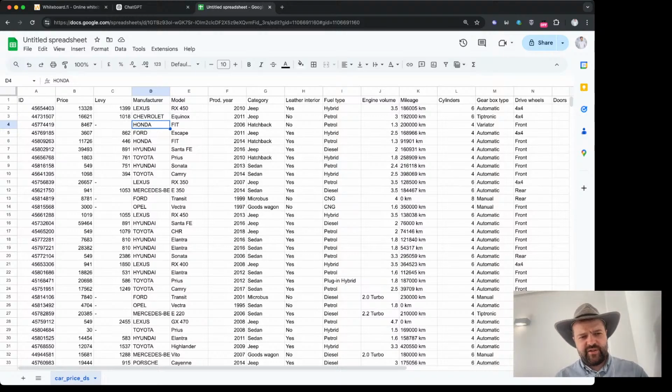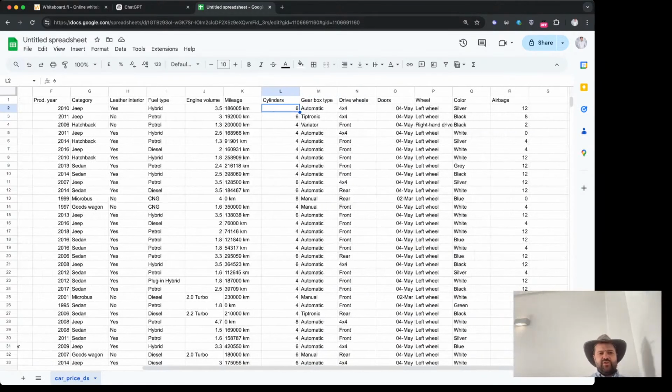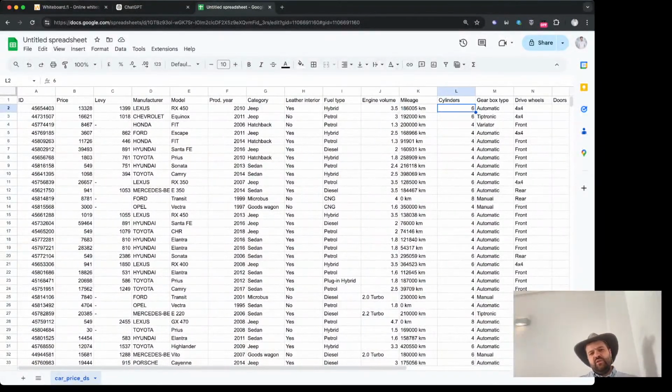The production years, the price, I think this is in euro. Then what the engine is, the mileage, the cylinders, and so on. And how this would actually work: normally for any kind of AI model, you have a couple of steps, and we will go through these steps today. We'll not go super deep in those steps, but these steps are important to understand.